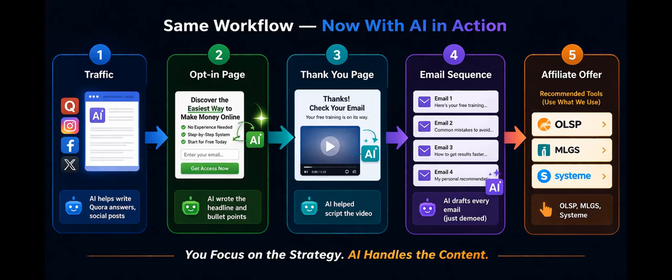And then we have our email sequence, which AI will also help us to write. I've already shown you an example of that. And finally, everything will be directing to our affiliate offer. So in my case, it's OLSP, but you might have something else. So all roads lead to our affiliate link.